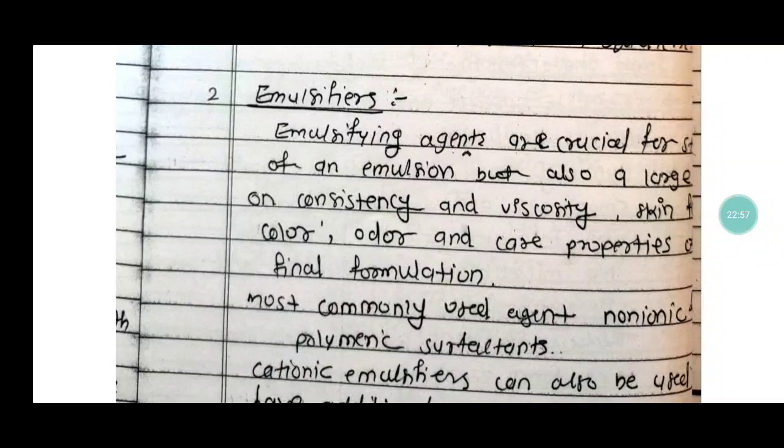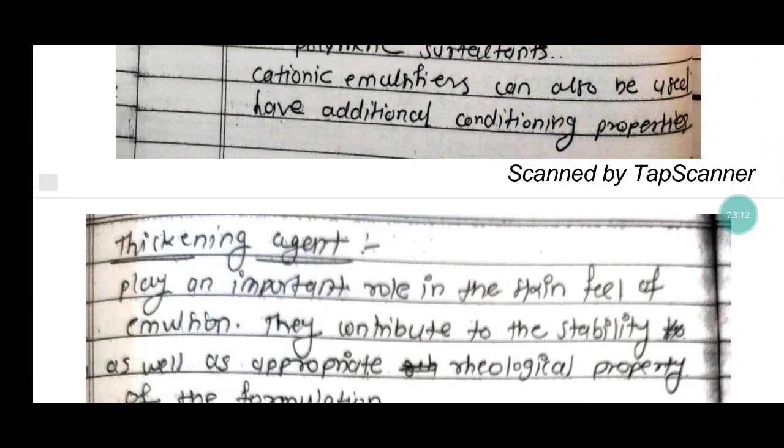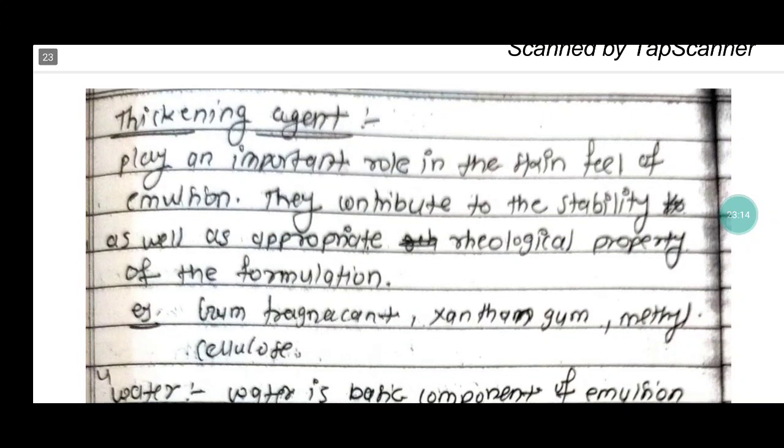The emulsifiers are crucial to an emulsion, and also determine consistency and viscosity for the skin, color, odor and care properties of the final formulation, and the thickening agent.